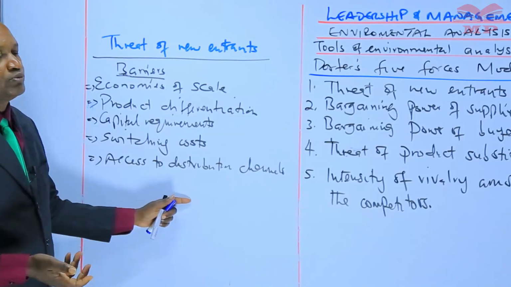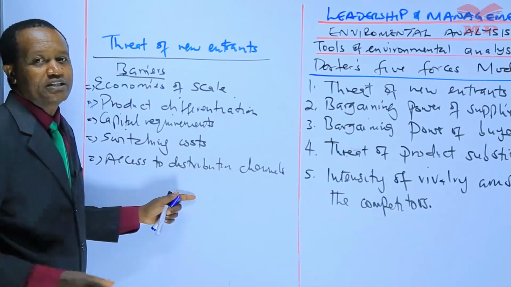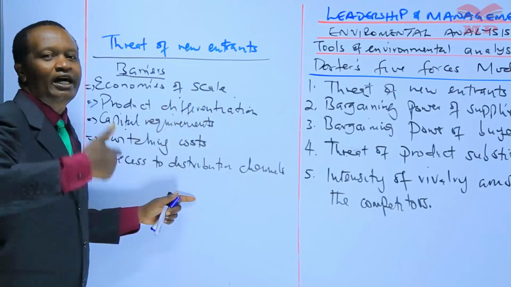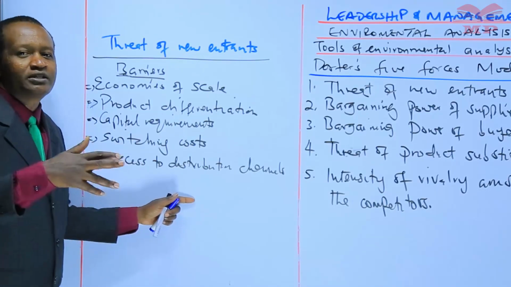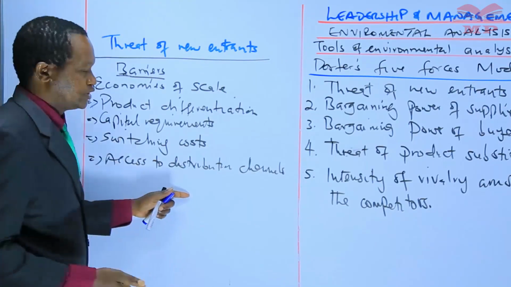You may also find such problems in, say, international markets and so on. So new entrants have to persuade distributors to carry their products either in addition or in a place that is currently being distributed.